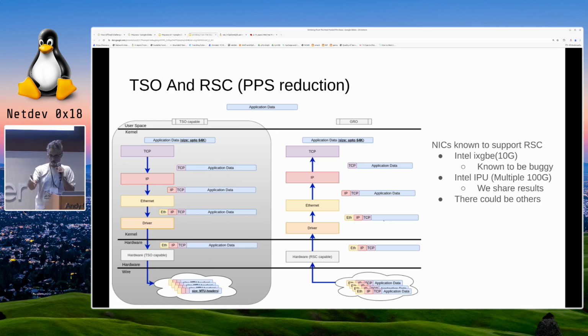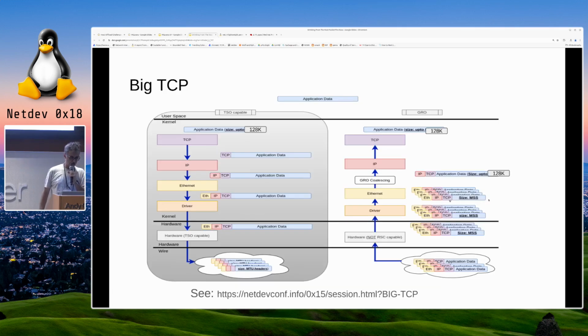So that's a small difference. But eventually, what TCP sees is this super packet with a big segment.